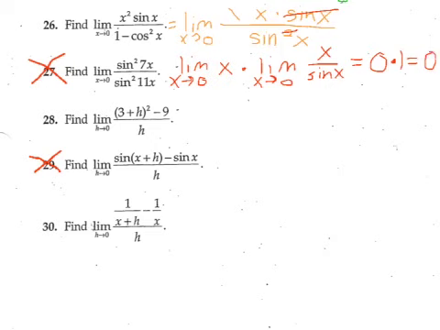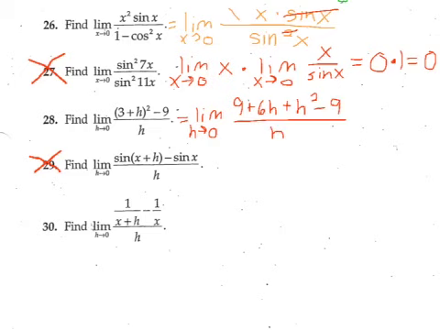For number 28, we want to first expand 3 plus h squared. So we have the limit as h approaches 0 of 9 plus 6h plus h squared minus 9 all over h. Our two 9's will cancel.